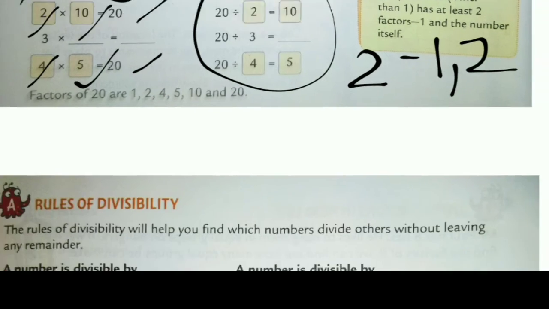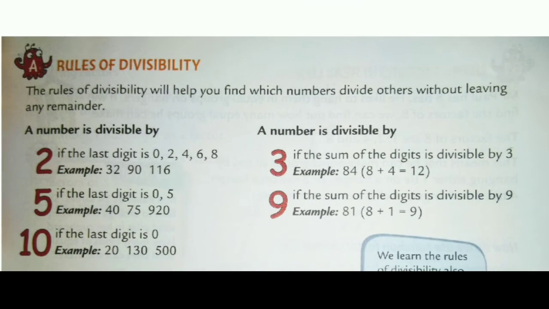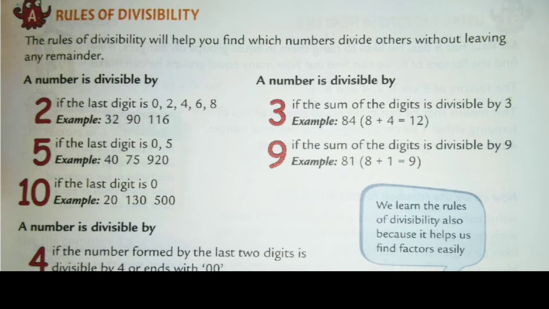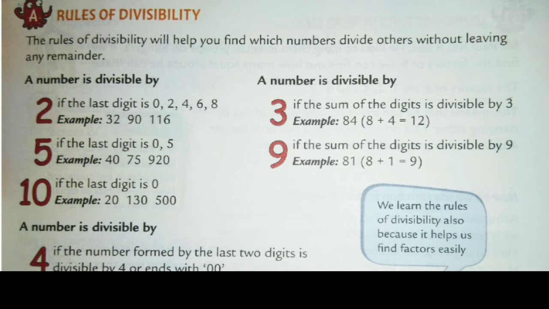Next, rules of divisibility. These are some rules which help you to find which numbers divide others without leaving any remainder. It means these are the rules we can use. Remainder will not be there.